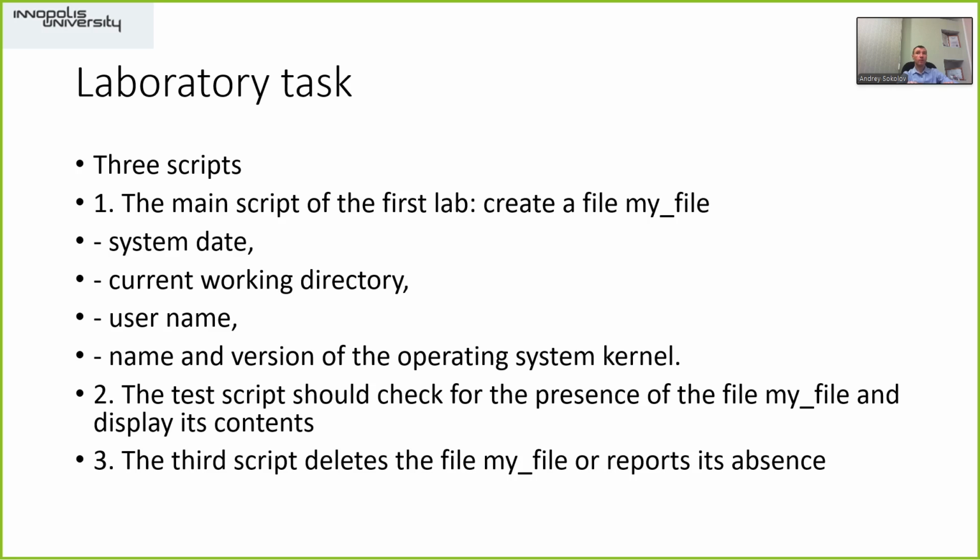The task of the main script is to create a file, for example my file, and write into it, using the appropriate commands: system date, current working directory, username, name and version of the operating system kernel. The test script should check for the presence of the file and display its contents. The reset script deletes the file or reports its absence.